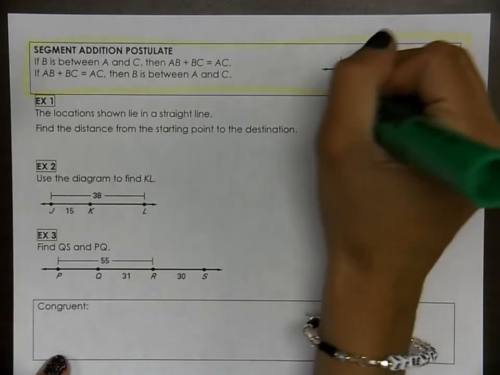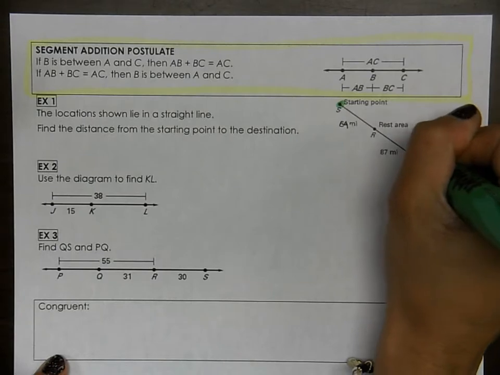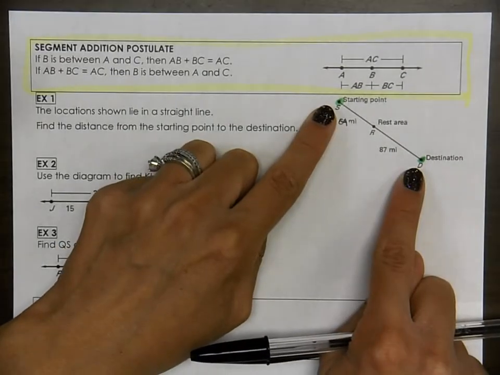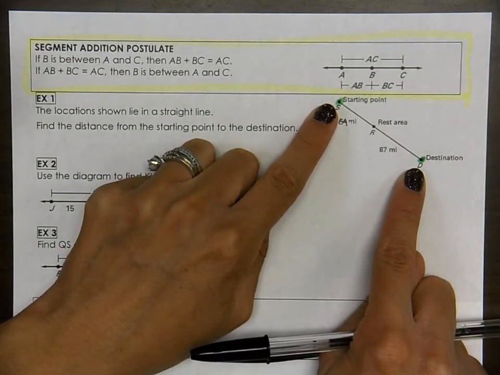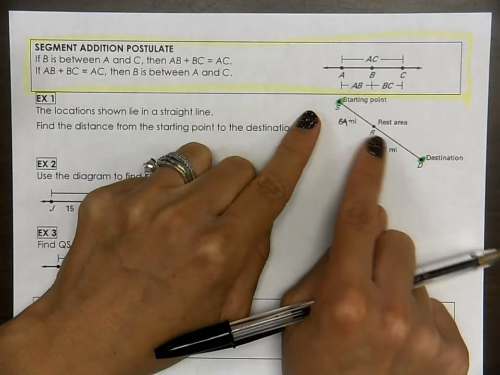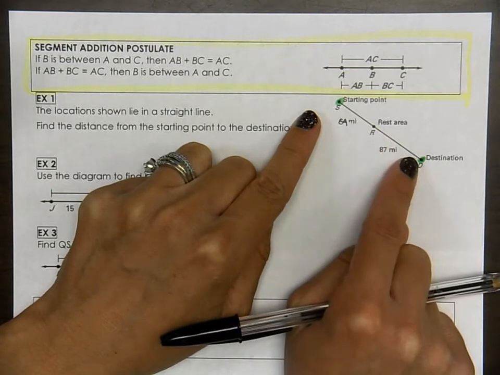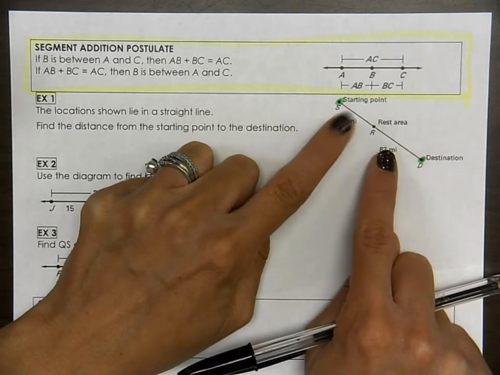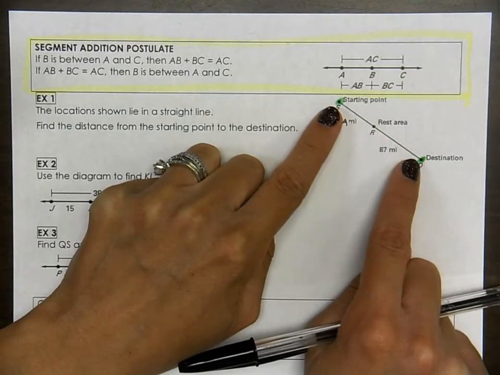So we want to find the distance from S to the destination, which is letter D. Now, what the segment addition postulate says is if we have a big segment, this entire segment here, and I have segments that make up that segment, for example a segment SR and a segment RD, which creates this entire line, I can take these 2 little pieces, add them together, and that will give me the entire distance, okay?